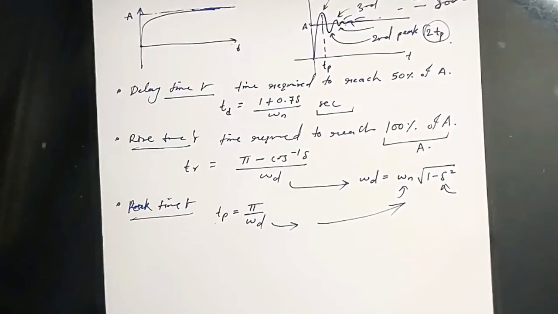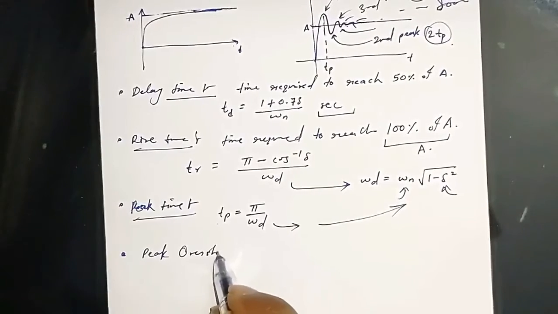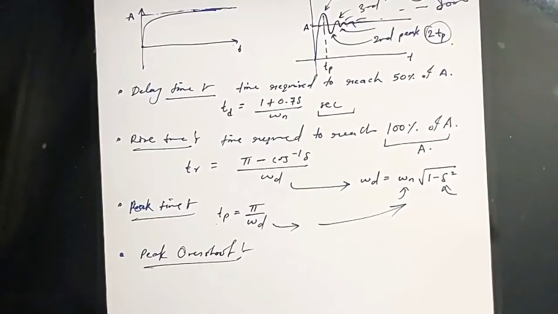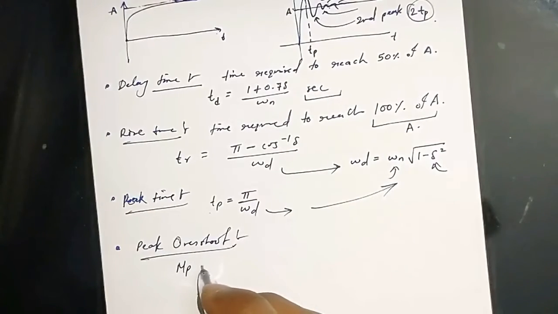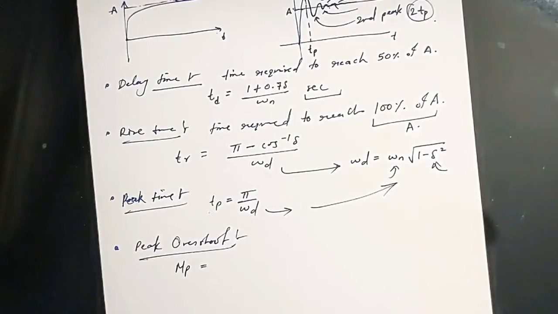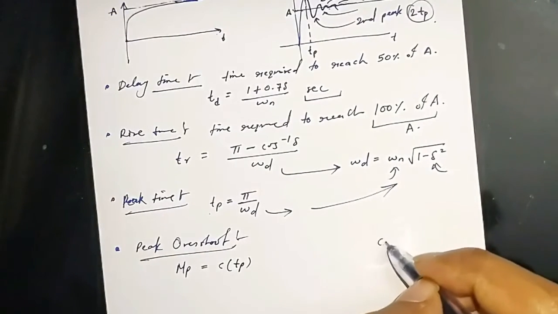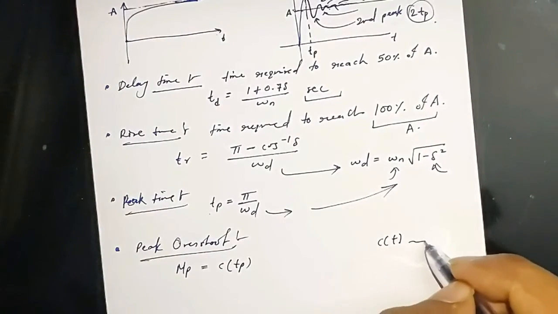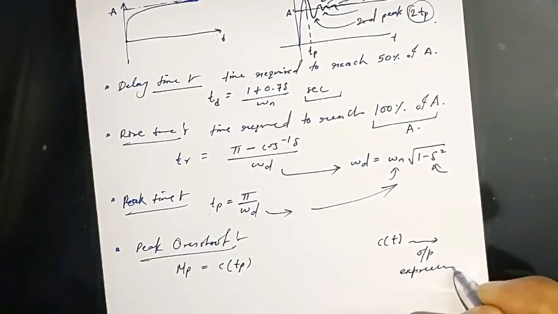Now another formula is peak overshoot. Peak overshoot is denoted by MP, and that is C of Tp minus C of infinity. C of t is the output expression.